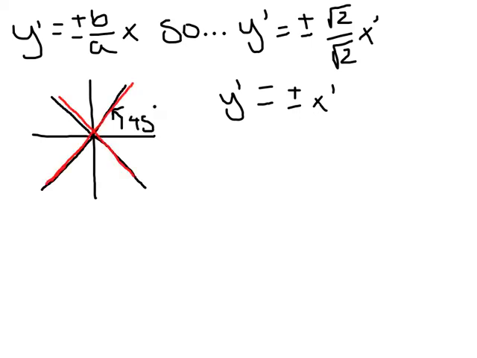Our vertex is still going to be at the square root of 2, 0, only instead of being on this axis, it would be on this one. So we'll have one here, and then we'll have one at the negative, and then our hyperbola is going to look about like this.